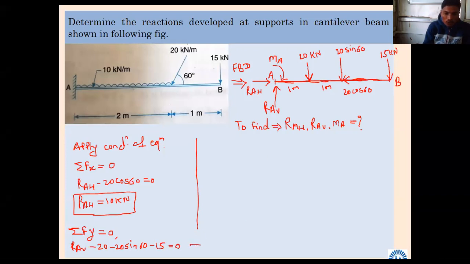From this, which value you got? RAV, how much? 52.32 kilonewton. Let me check. Yes, correct.